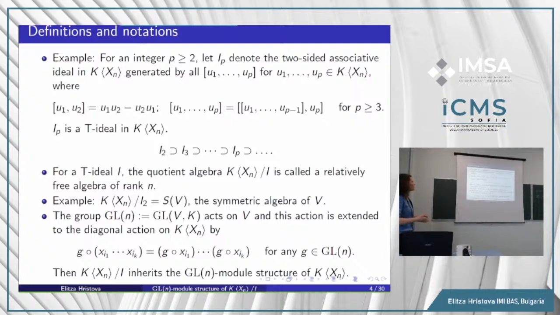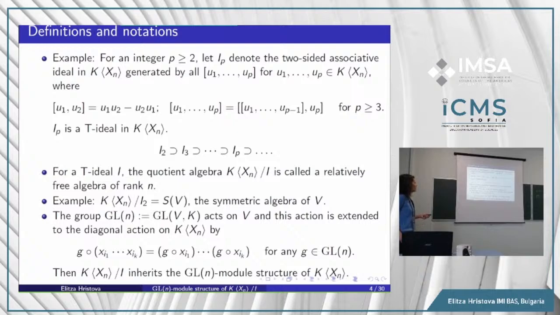So it is closed under all K-algebra endomorphisms. And in this way we get a chain of ideals. So the ideal generated by double commutators, then inside it is the ideal generated by triple commutators, and so on. We get this chain of ideals.